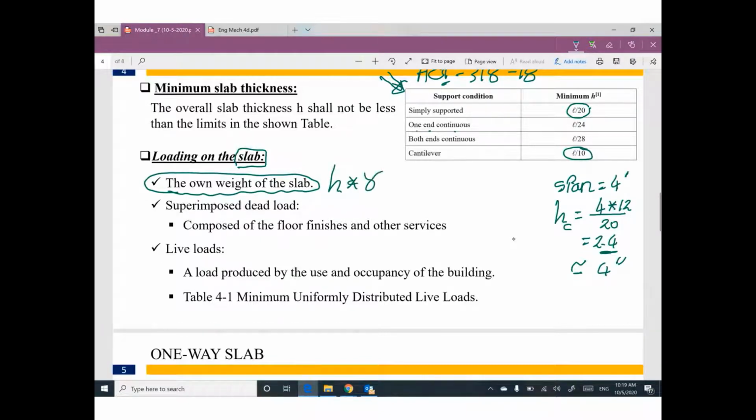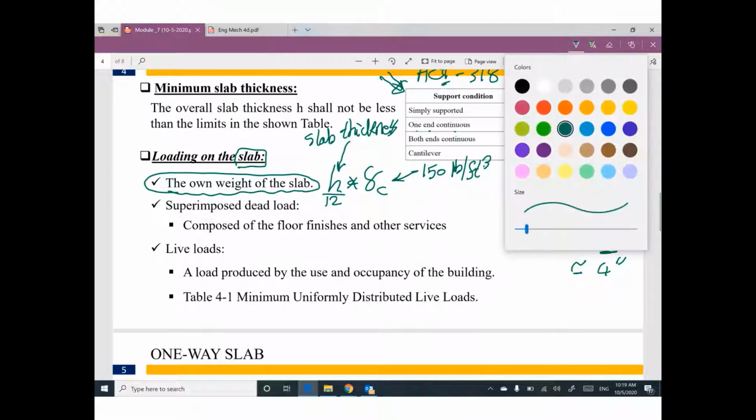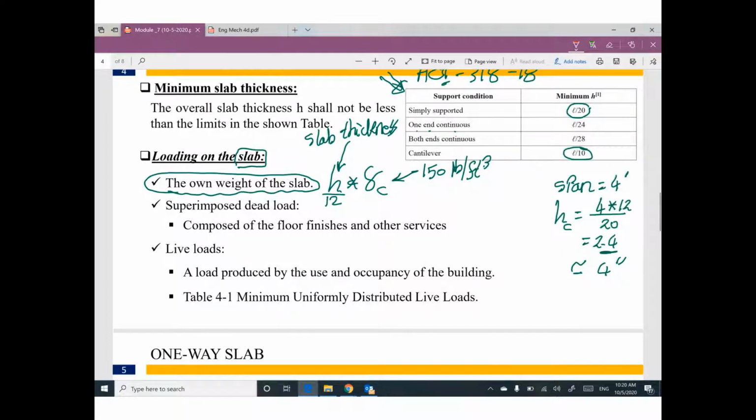I mean here h is the slab thickness. Don't forget to divide it by 12 to be in feet, because gamma concrete is 150 pounds per cubic feet, so your units will be consistent. This is the first weight, and this own weight can be considered dead load.